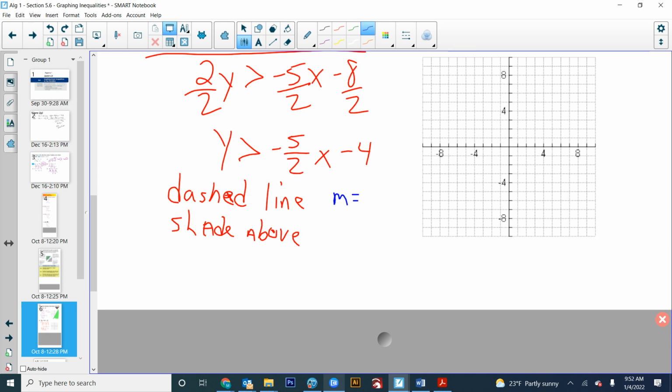What's my y-intercept? 0, negative 4. So go to 0, negative 4. How do I put a negative 5/2 slope on it? Go down 5 and right 2. Or you can go up 5 and left 2.